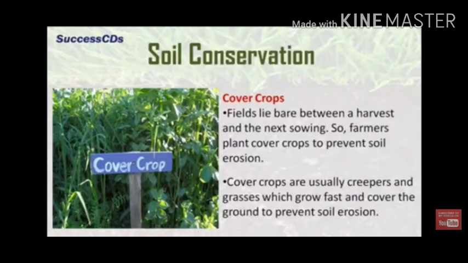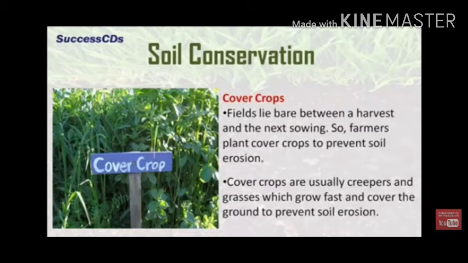Soil conservation. It means to protect the soil from erosion, that is washing or blowing away of the topsoil layer by wind or water. And we all know topsoil is the most essential and fertile layer of soil due to presence of humus, which is rich in nutrients and responsible for growth of the plant.